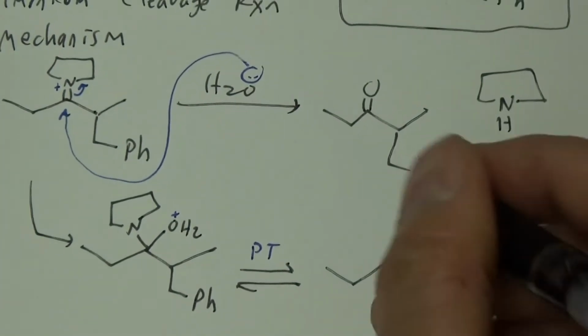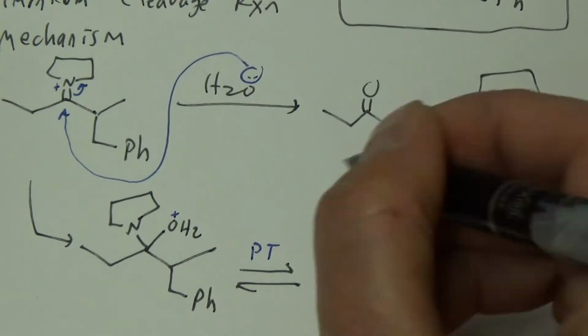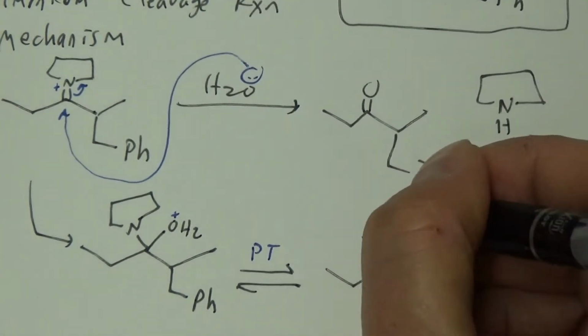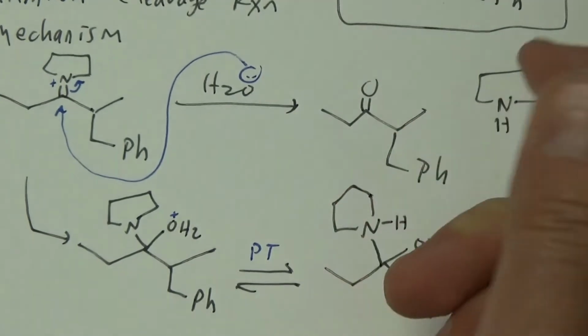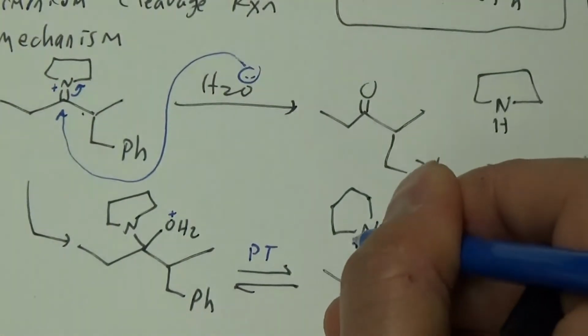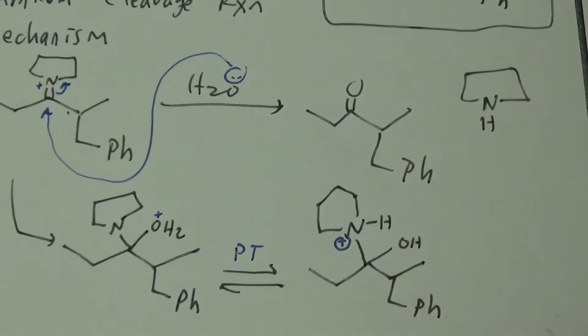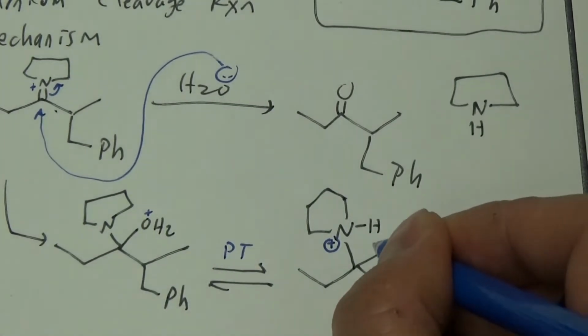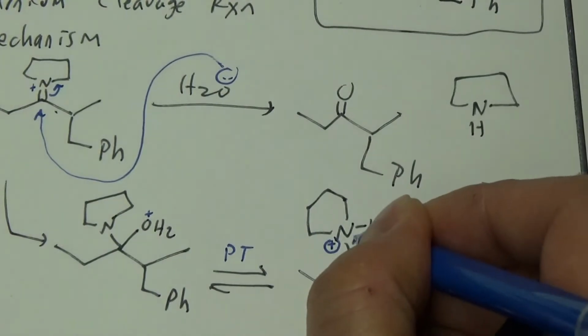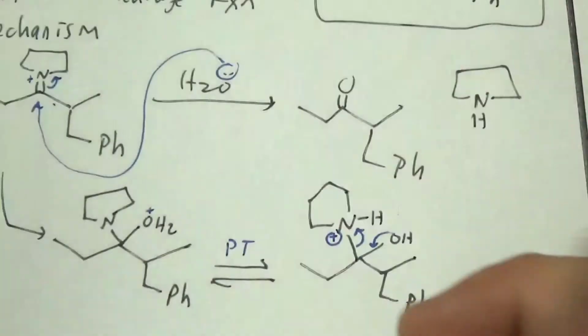Okay, so now we have OH. Now we've got nitrogen, proton. Okay, now we've got a good leaving group. So oxygen kicks off the good leaving group. Nitrogen goes away.